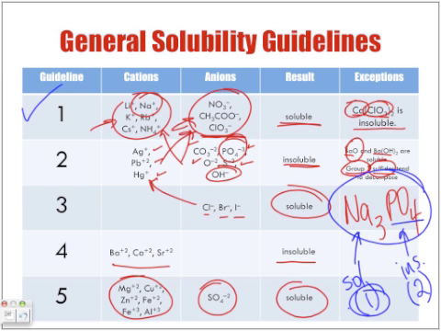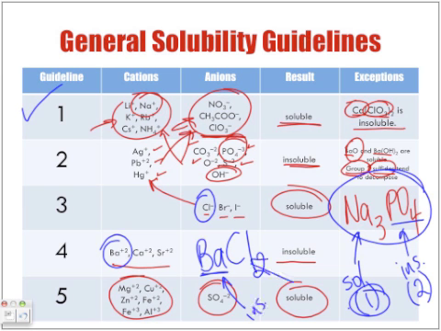Right? So if we mix something like barium, which is insoluble, with, let's say, chlorine. So Ba plus 2 with Cl negative 1, we get BaCl2. Barium is insoluble.